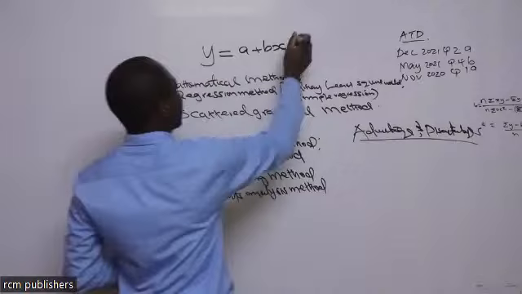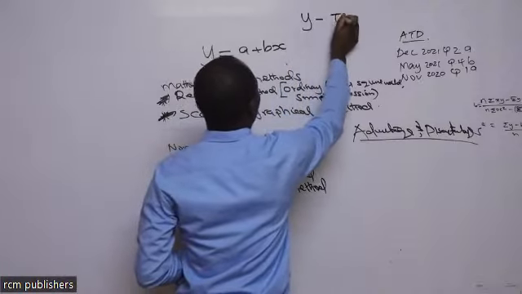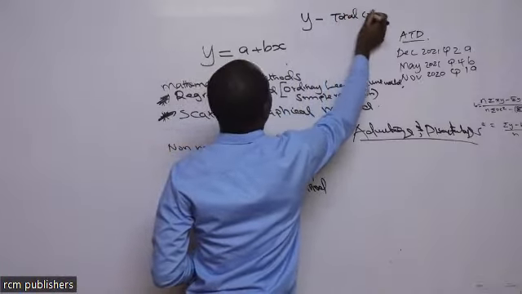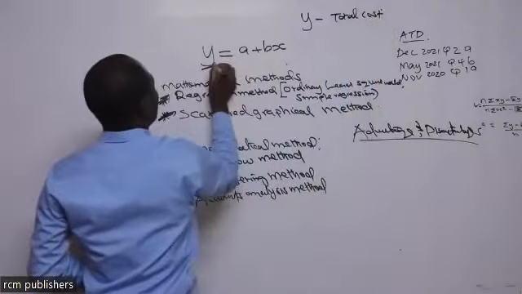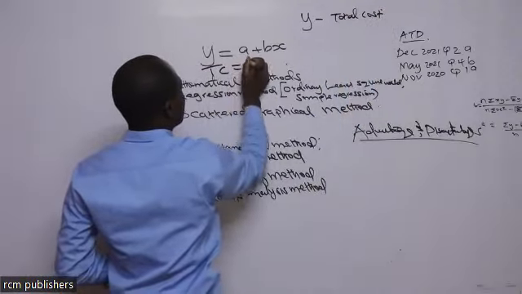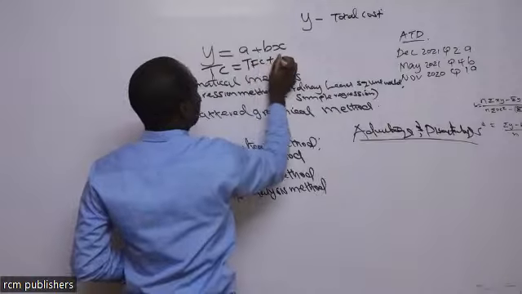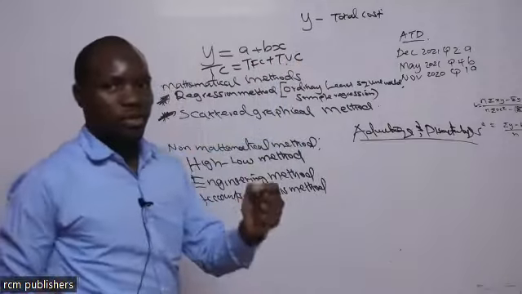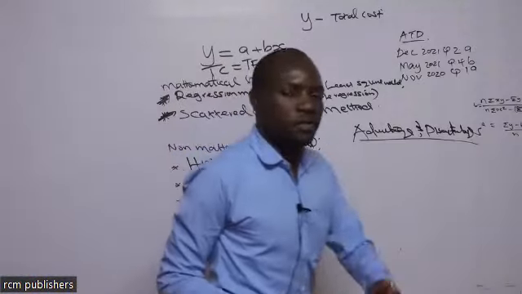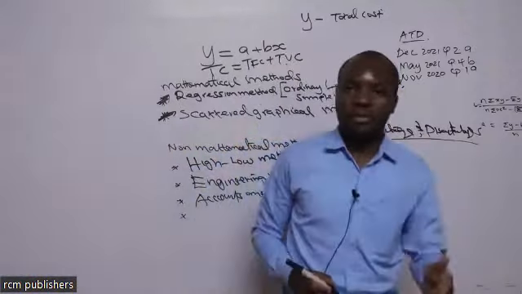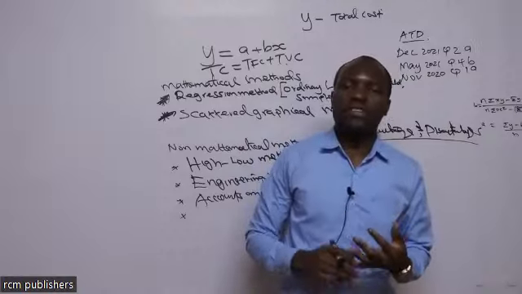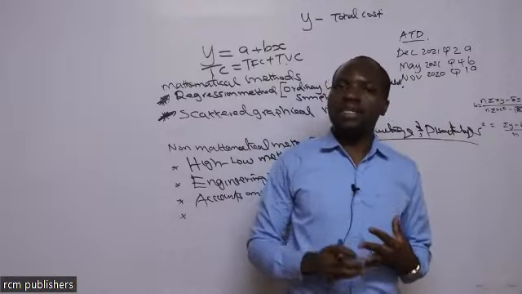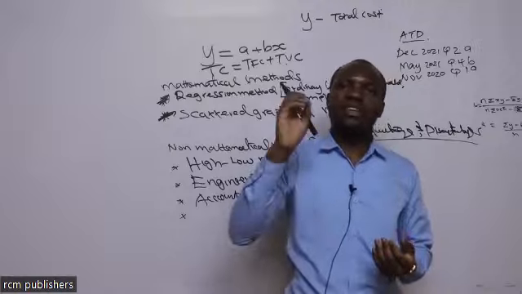which we discussed, where y is the total cost. This can also be translated into total cost is equal to total fixed cost plus total variable cost. Remember, the total variable cost is dependent on the units of output or activity level. If I've produced 0, if I've spent 0 hours, then automatically the total variable cost will be 0.